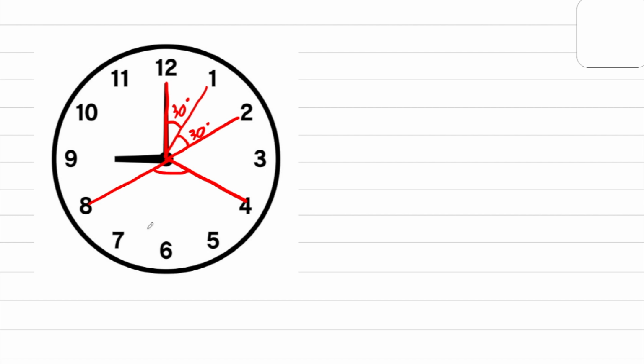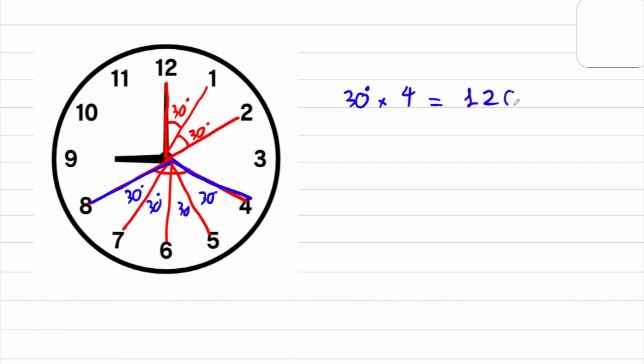What is the angle here? I imagine that you have 1, 2, 3, and 4 intervals. You get 4 times 30 degrees. This one is 30 degrees, 30, 30, and 30. So for this case, 4 and 8, you get 30 degrees multiplied by 4, you will have 120 degrees.